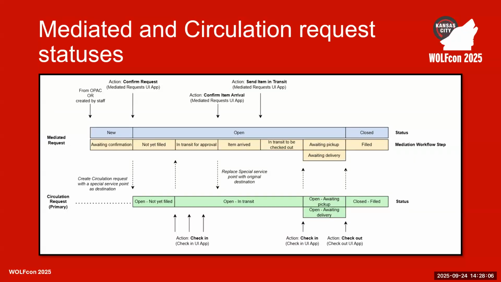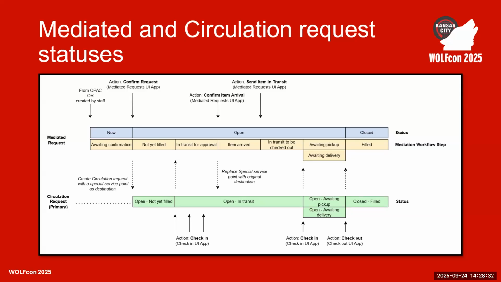So when we were originally creating the mediated request, we recognized that not only could we not use our familiar request application, which has these statuses that we see at the bottom, such as open not filled, open awaiting in transit, open awaiting pickup or delivery, and closed filled. So we couldn't just rely on the request application itself.